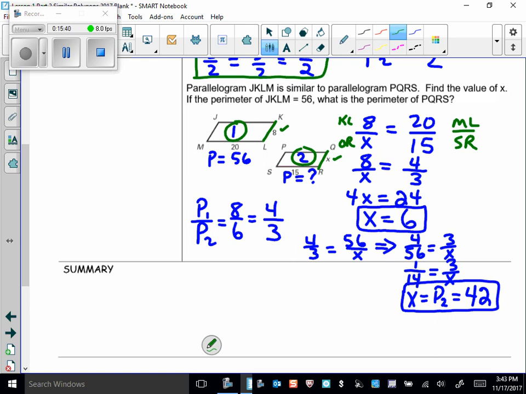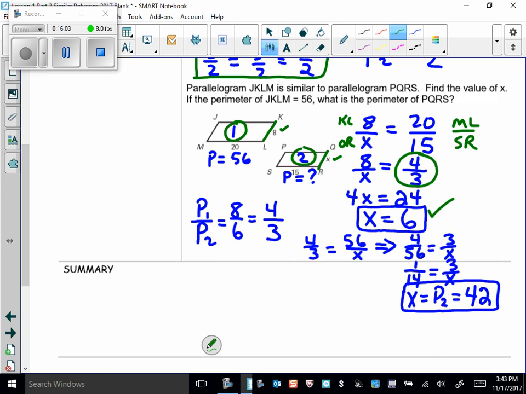So then I simplify 20/15ths, change that to 4/3. I don't want to have these big numbers. I don't want to have to multiply 8 times 15. So I could switch my means, the x and the 4, but I don't really need to because 4x is 24. That's a small enough number for me to solve and to find out that x equals 6.